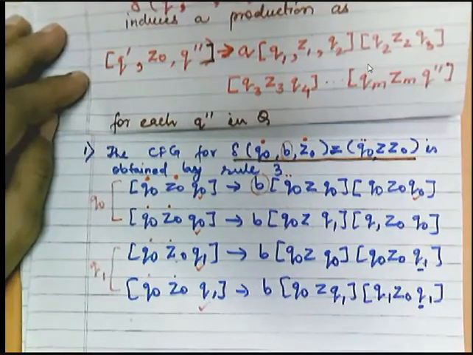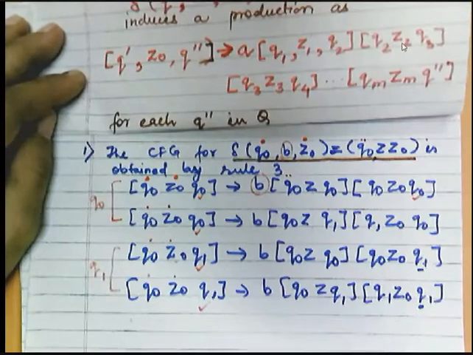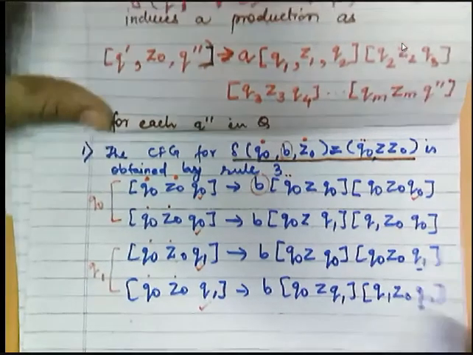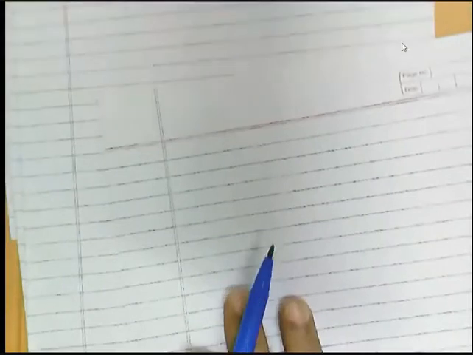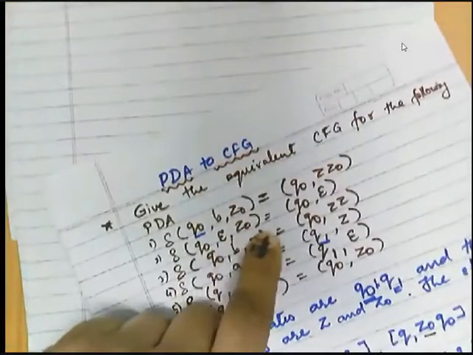Now next is, what is the next rule? So our next or second rule is what? It is Q0 empty Z0 Q0 comma empty. So I am writing once again this.